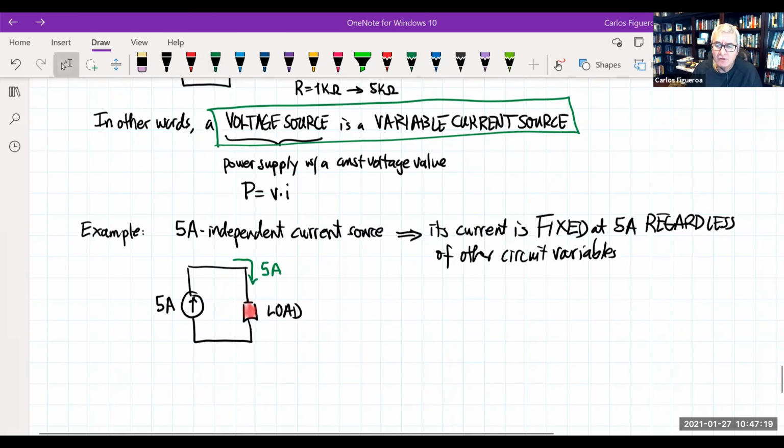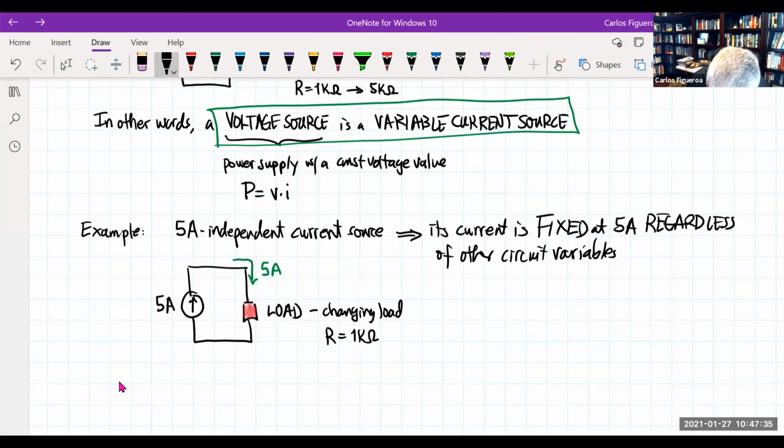If this is always going to stay 5 amps, what happens if I change my load now? So I now have a changing load. And before I just said, what if I change this load from 1 to 5 kilo ohms? Well, think about it. If I'm going to get 5 amps regardless of what happens, what this means is that the voltage across the current source must be variable.